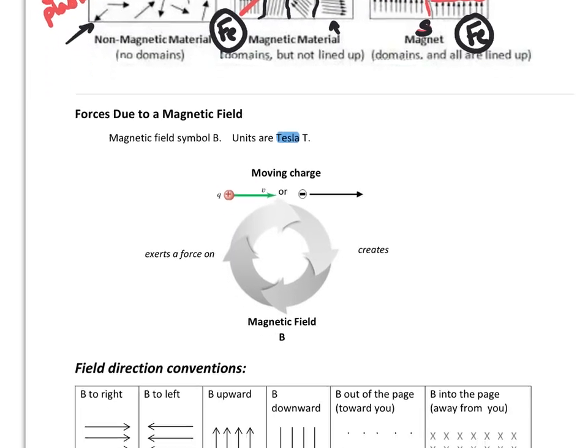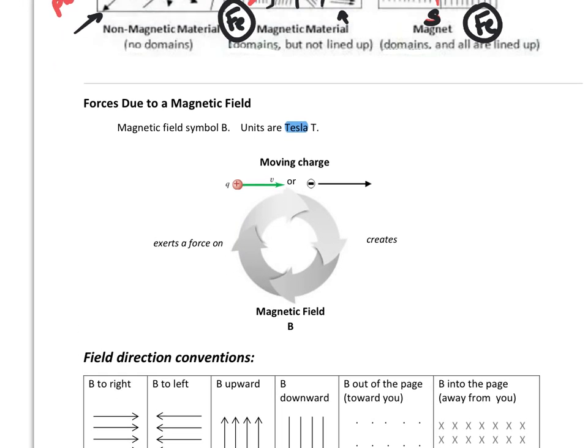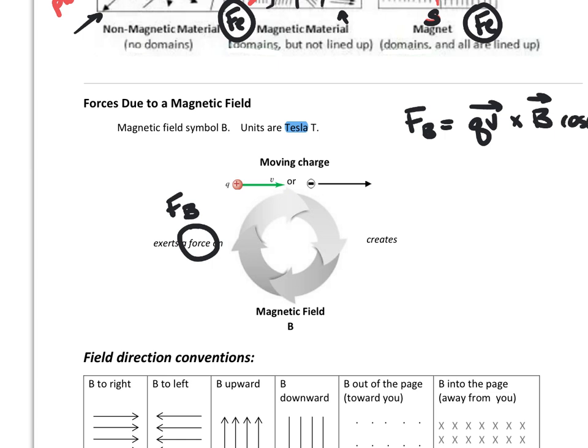Okay, so we've already taken a look at this little cycle: all moving charges create magnetic fields, and all magnetic fields exert forces on moving charges. But what does that lead us to question? How do you measure the force? This force is called F_B, and you may have noticed on the front page there was a formula: F_B equals q v times the B field times cosine theta.